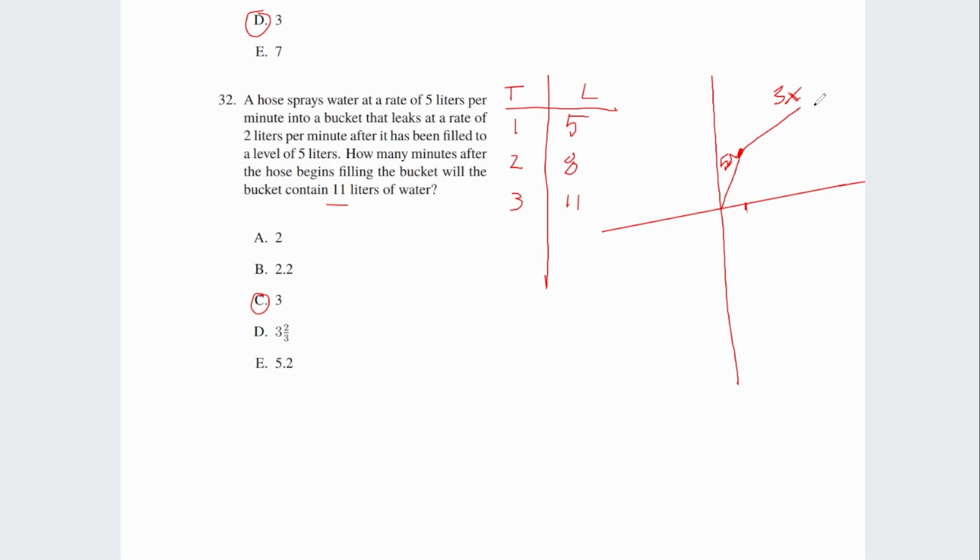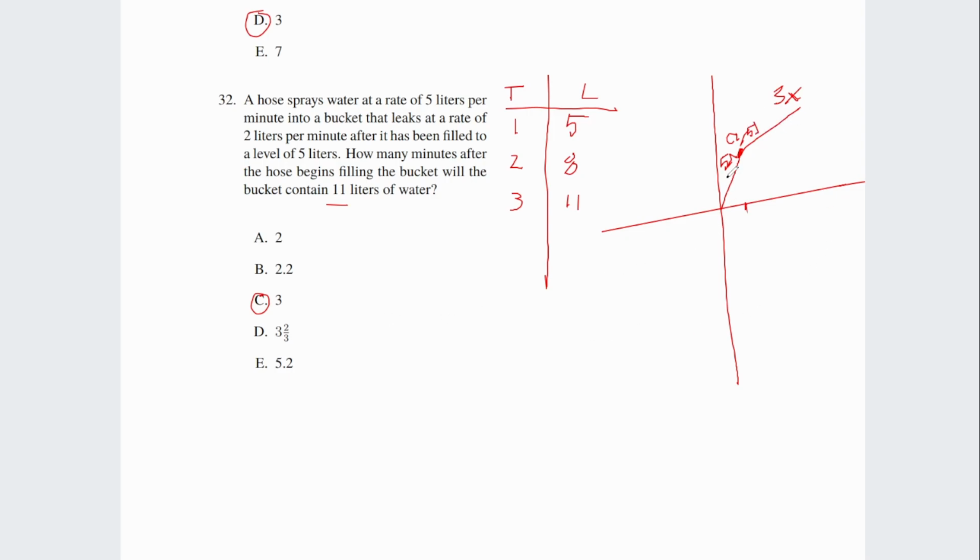And we can sort of imagine 3x in slope-intercept form for everything greater than 1. So we can imagine that this is also the line 3x intersecting this point 1, 5.